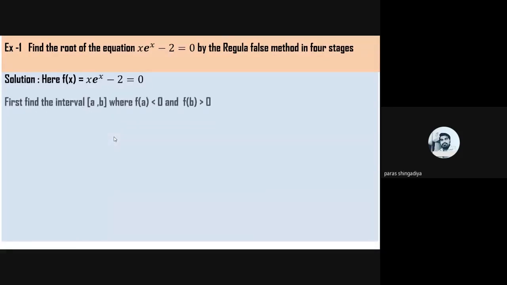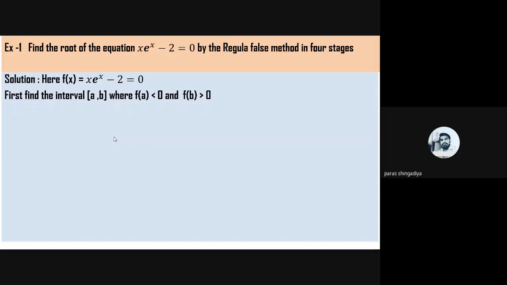So let us check this example. Find the roots of the equation x e raised to x minus 2 equal to 0 by using the regula falsi method in 4 stages. So what does 4 stages mean? It means 4 iterations. We'll derive x1, x2, x3 and x4. This is our aim in this question.